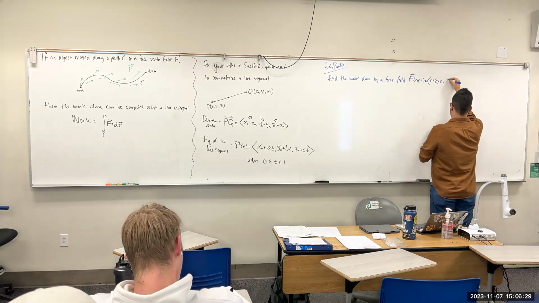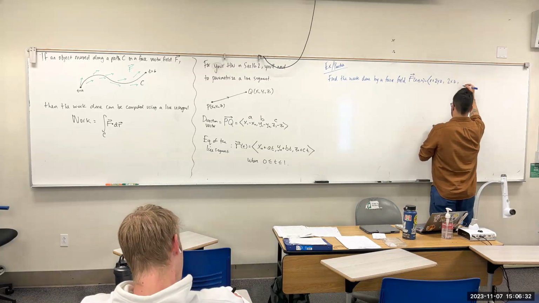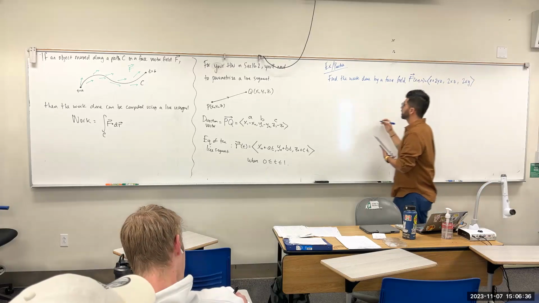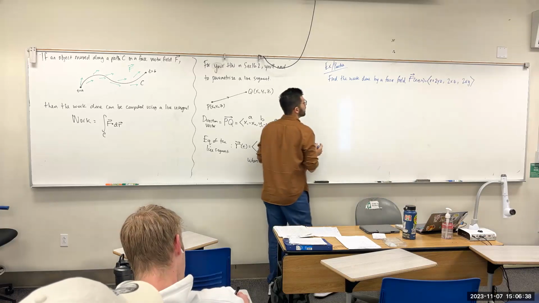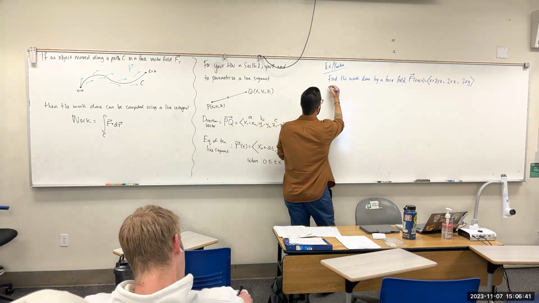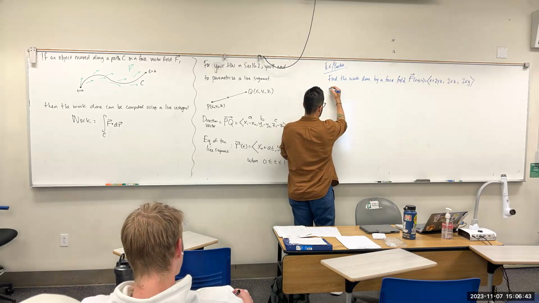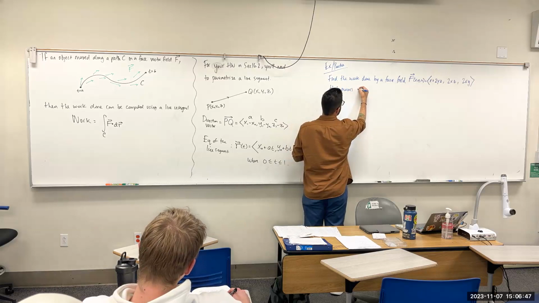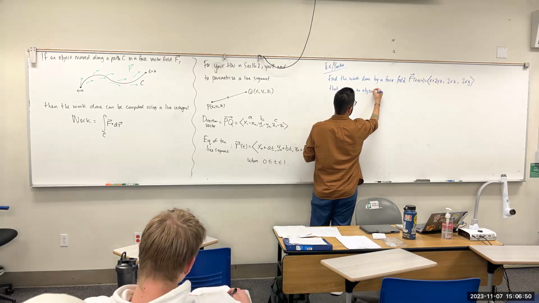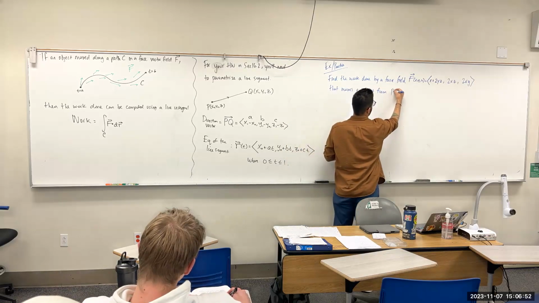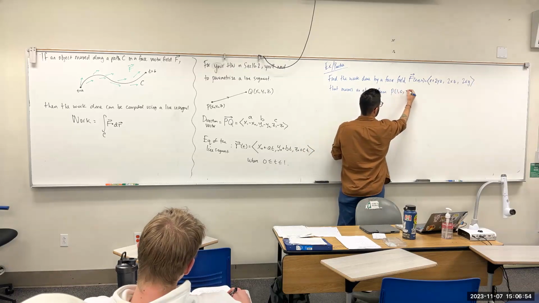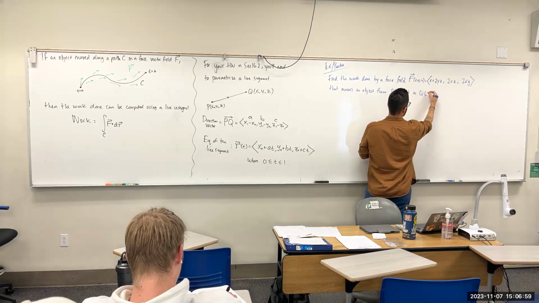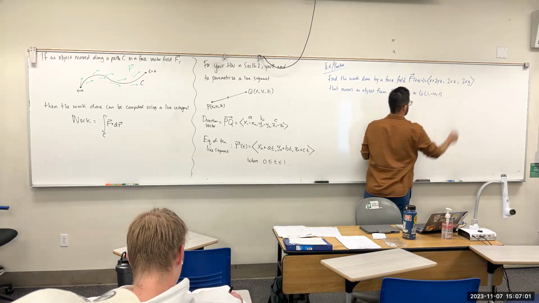Then we have 2xz and then 2xy. So find the work done by the force field that moves an object from the point P, coordinates 0, 1, 3, to the point Q, 1, negative 10, 1.